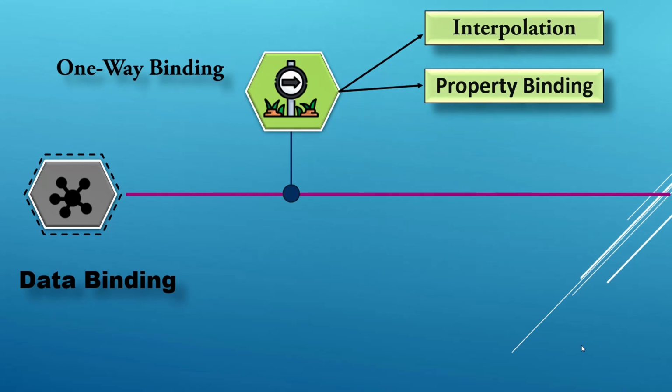Okay, then we have property binding. Let's say you have an image, and there you will have the src property. Let's say your URL is coming dynamically from the API, so you cannot say like this is my URL.